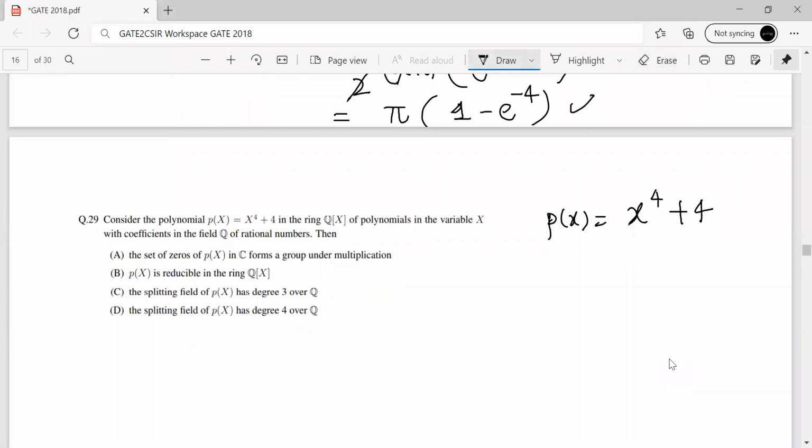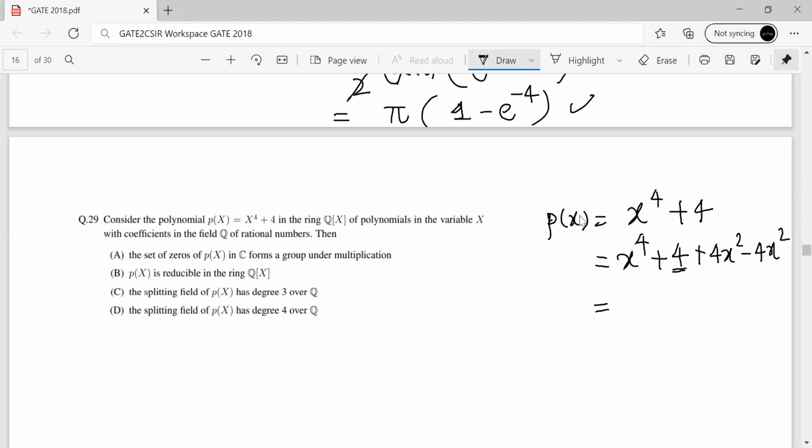So P of x is x power 4 plus 4, and I have to check whether this is reducible or not first, because there is option B even, and I have to find out its set of zeros. So let us first write down x power 4 plus 4. Can I add 4x square and subtract 4x square, because this is nothing but someone's square?